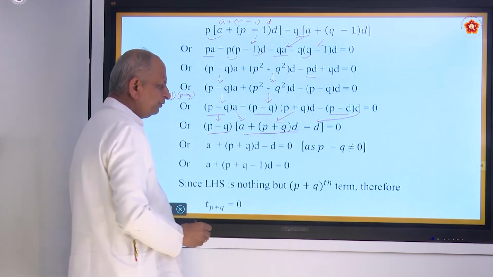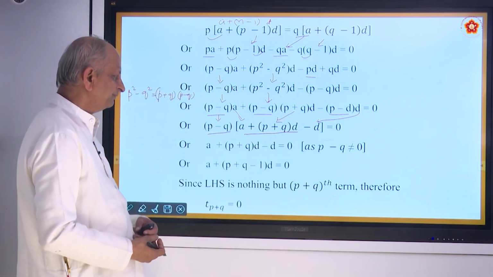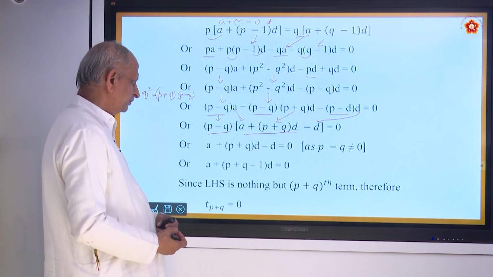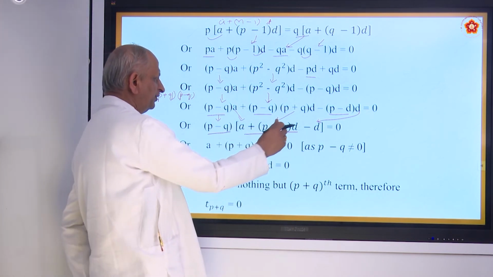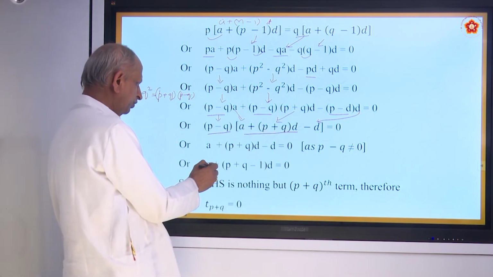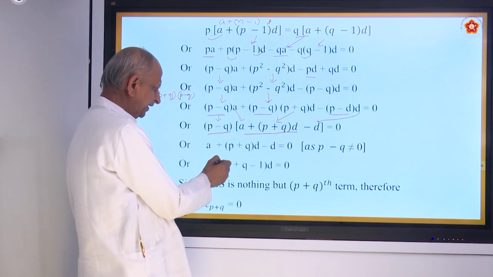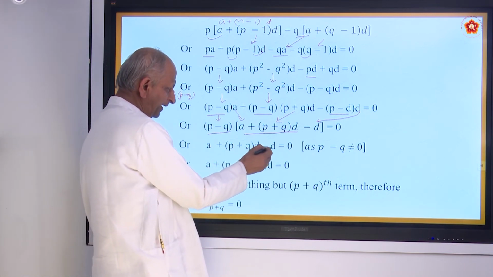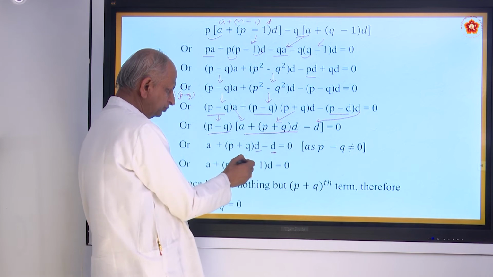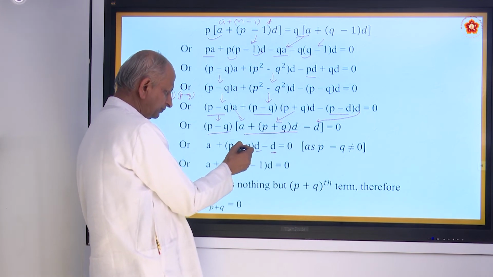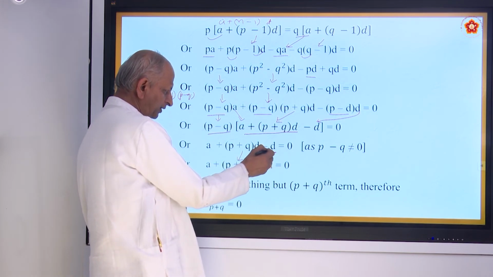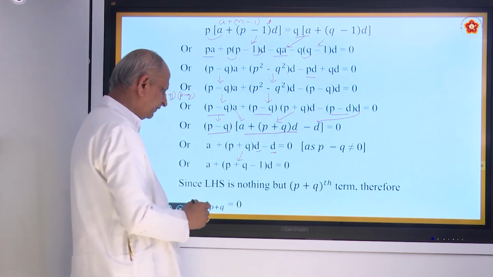So P minus Q may be 1 or 2 or 3, any number. So then this becomes 0. If this becomes 0, A plus P plus Q minus 1, here D common in these two, so D taken outside, P plus Q as it is, here D one taken outside, so 1 remains.